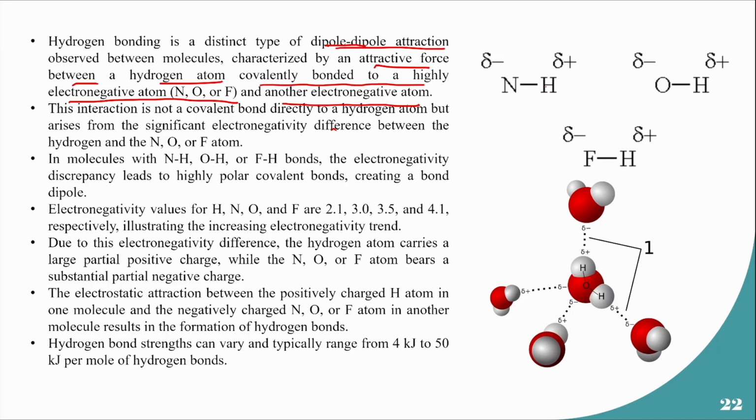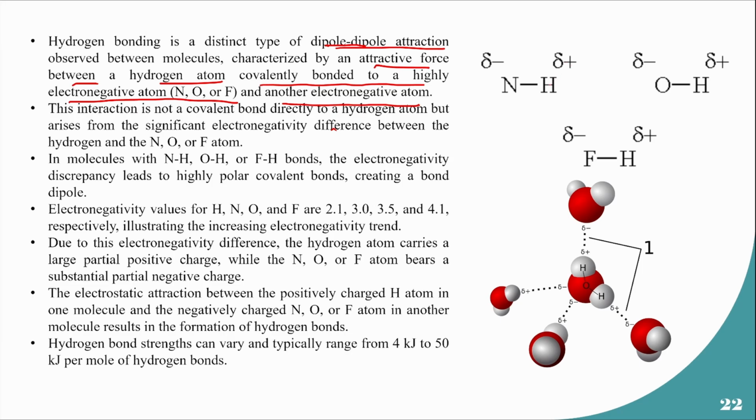For example, between nitrogen and hydrogen, nitrogen will pull the electron cloud towards itself due to its high electronegativity, and you will see a delta minus, a partial negative charge, around this nitrogen. Conversely, since the electron cloud was pulled away from the hydrogen, there will be a partial positive charge, delta plus, indicated here.